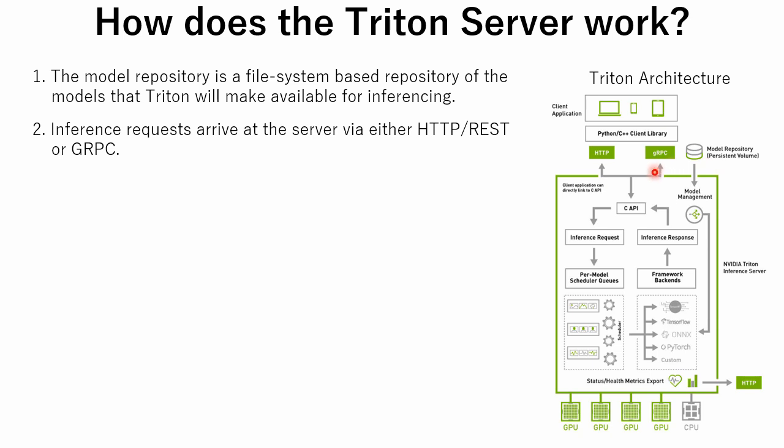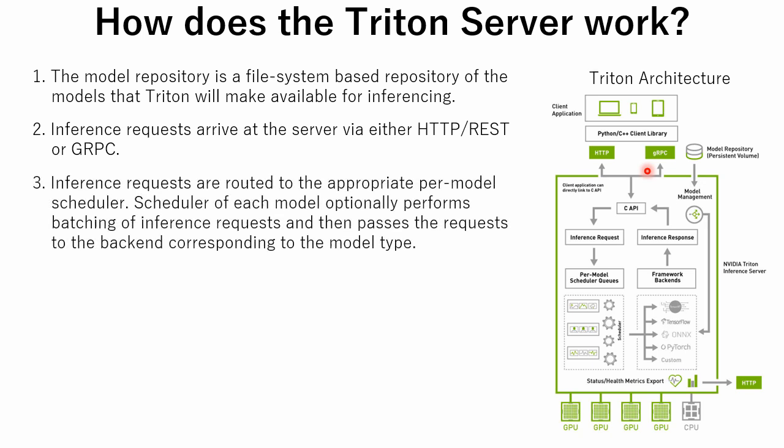Inference requests arrive at the server via either HTTP or gRPC. gRPC is a modern open-source high-performance remote procedure call framework that can run in any environment. Inference requests are routed to the appropriate per-model scheduler. Scheduler of each model optionally performs batching of inference requests and then passes the requests to the backend corresponding to the model type.